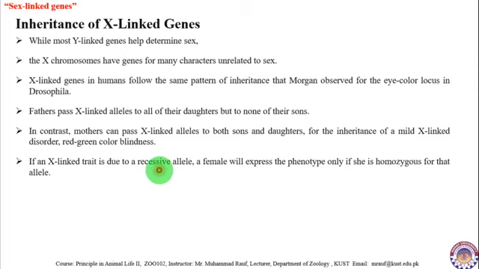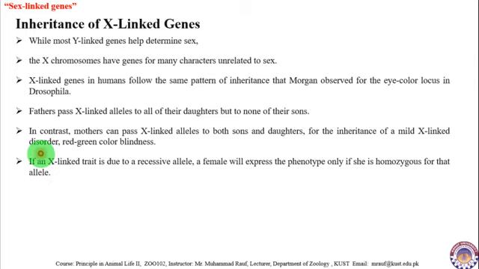So, suppose there is a disorder which is X-linked, meaning the gene of that disease is located on the X chromosome, and this disorder is recessive. Females will be carriers for this disorder because females have two X chromosomes.